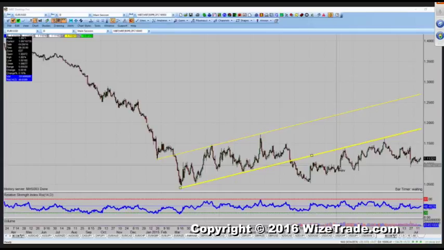What I just drew in the euro dollar, at this point in time, do you really need any more explanation on why I'm bearish the euro? I don't know if I really have to draw anything else right now. Can you see what I just drew on the daily chart?